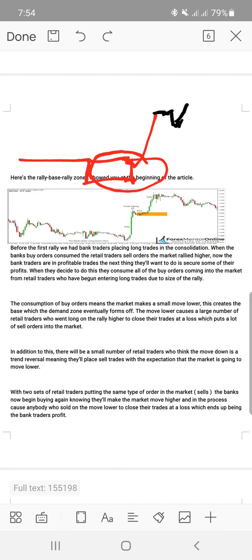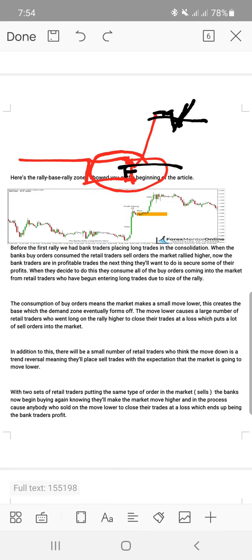You understand? So they have taken people's money here. They have taken people's money here. That is people that thought the market will sell in this down point. And there are times again that when the market has started in this particular point that the base is forming, when they made the market go down a little bit when they are taking profit, and people decided to start selling, they will now decide to buy.